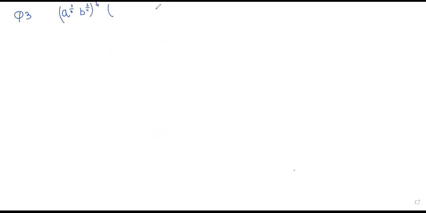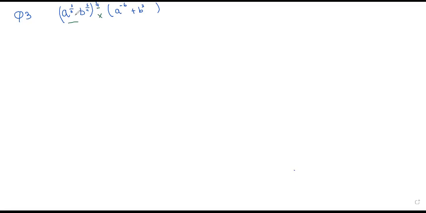It is being multiplied with a to the power minus 6 plus b to the power 3. And you have to simplify this. So let's do that. Now we see two expressions being multiplied to each other. We can multiply them later on, but we need to simplify them first on their own. Let's start off with the simplification of this one. So we have 4 outside the power.